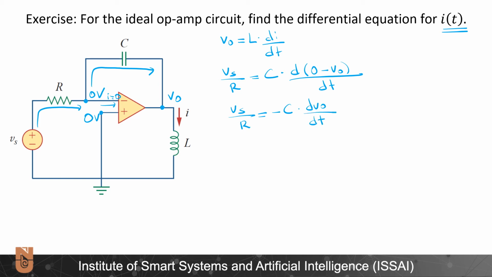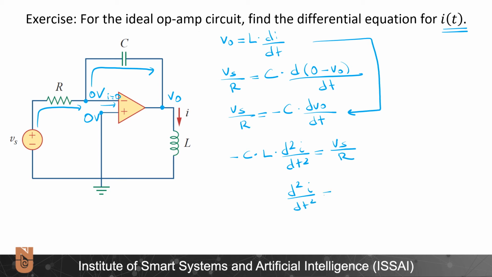And wherever I see Vo, I can plug in this expression, and then this becomes minus C times L times d squared i over dt squared is equal to Vs over R. If I write this with d squared i over dt squared on the left side by itself, I end up with minus Vs over RLC on the right side. So the equation for i is governed by this differential equation.